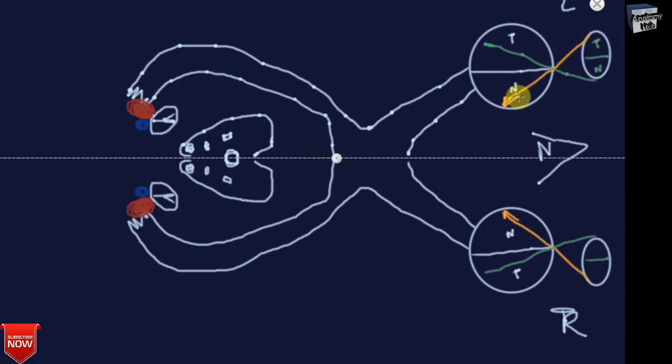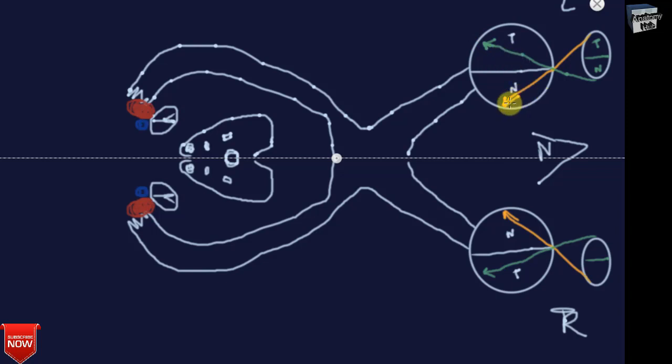So this is the temporal visual field going towards the nasal optic fibers, and the nasal visual field will go towards the temporal fibers of the retina.